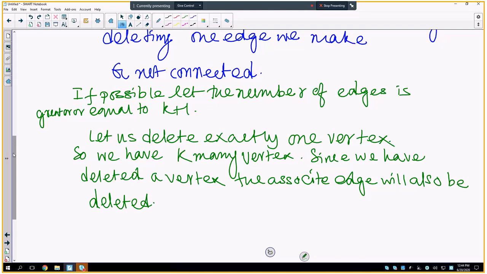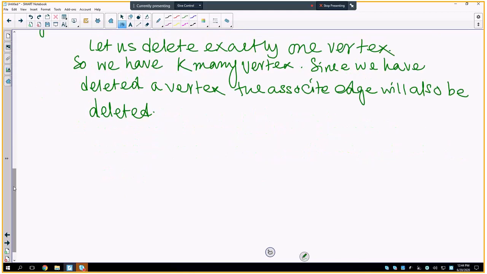So think about the situation we have now. You had this vertex, the kth one, and then I know that there will be exactly one edge, because it's a tree, to the k plus 1th vertex, and what I said was delete exactly one vertex and delete the associated edge.